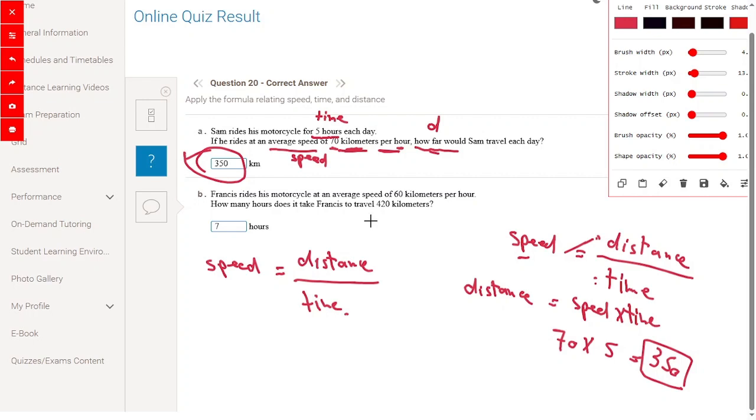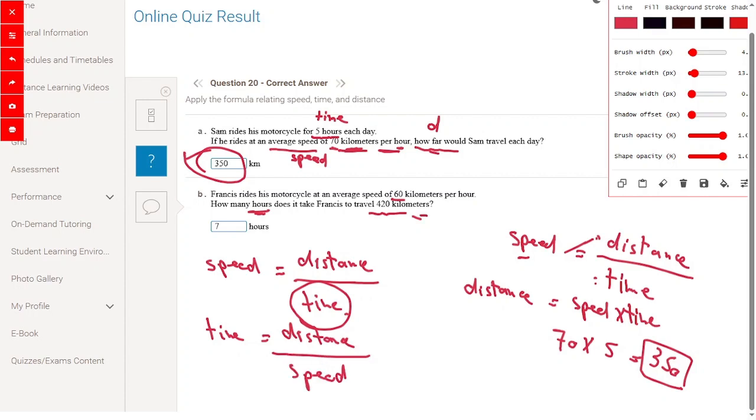Now, how many hours does it take Francis to travel 420 kilometers? We need the time. So by cross multiplication, time would be equal to distance divided by speed.